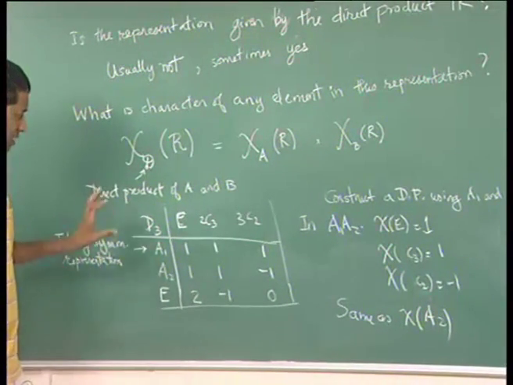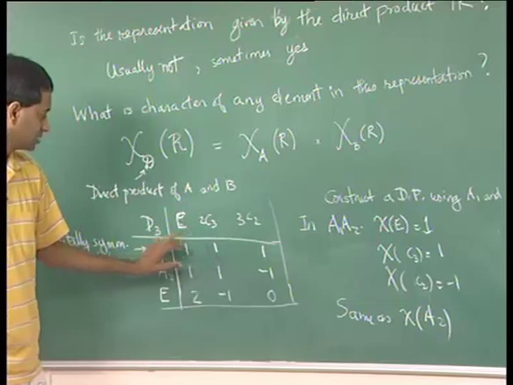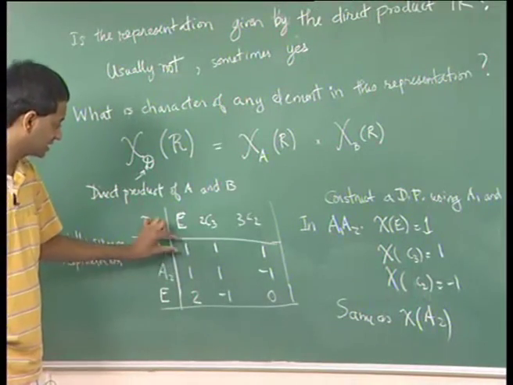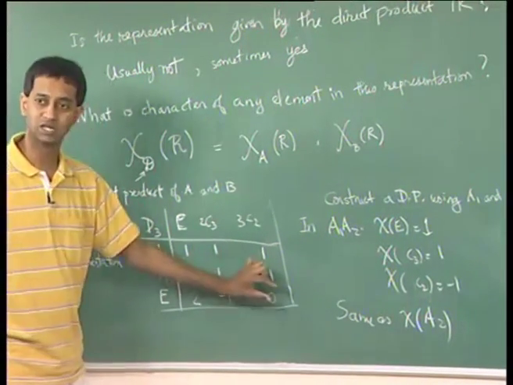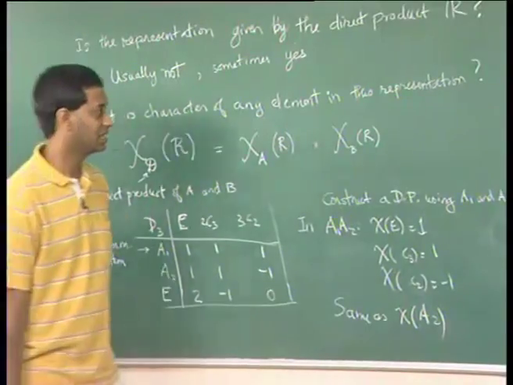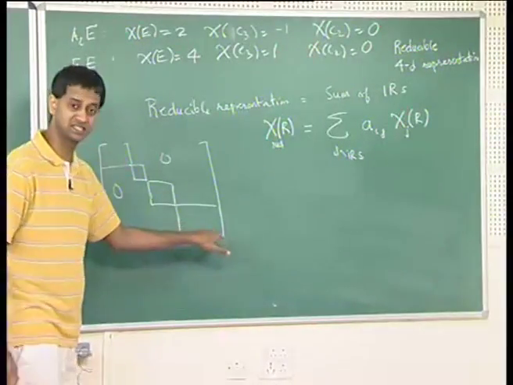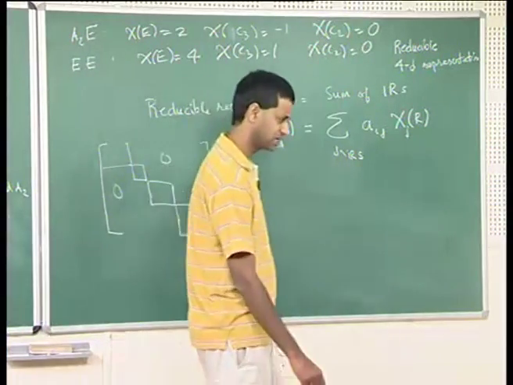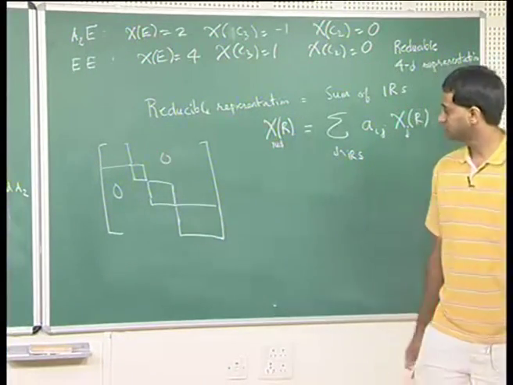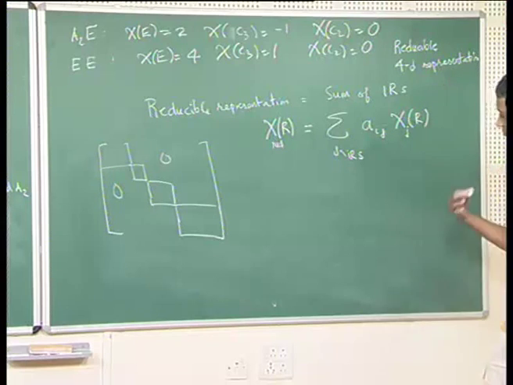So the direct product is like you make reducible representations by taking products of irreducible representations, and the other way is that you can take the reducible representation and write it as a sum of irreducible representations. What we want to do is look at how these two things are related.